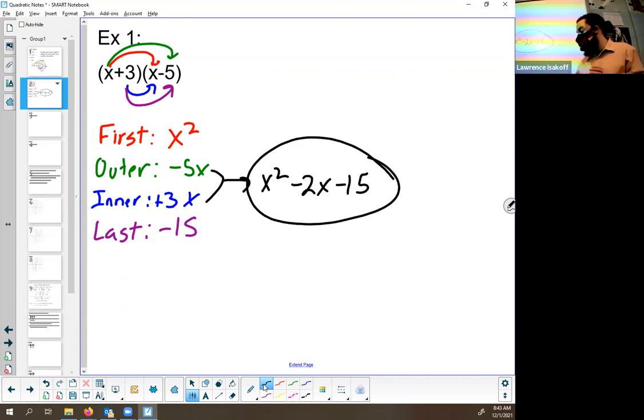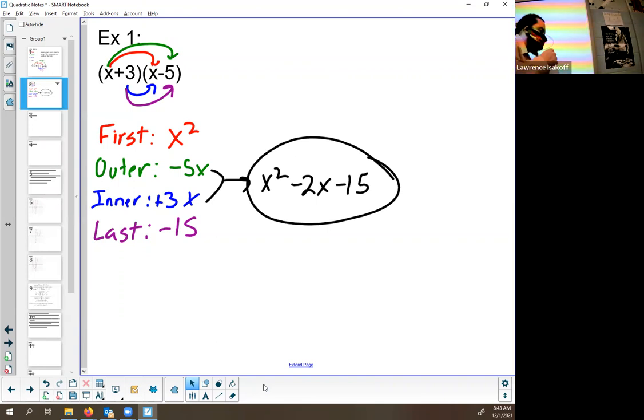Now, I am going to say, this is just a structure of organization, FOIL. Some of you may say, well, I don't need to write out the letters, the words first, outer, inner, last, or even FOIL. I get what you're doing with the double distribution. I think the arrows are enough for me. And that's cool.